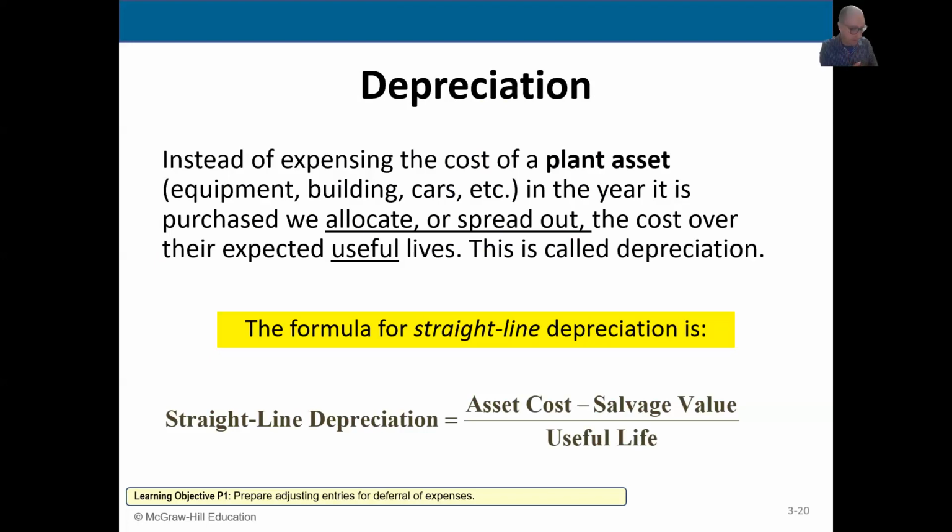Okay. Here's what I mean by this. Buildings, equipment, and other fixed assets like vehicles, machinery, all of these things lose usefulness over time. What I mean by that is they break down.